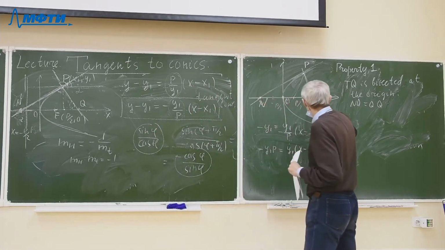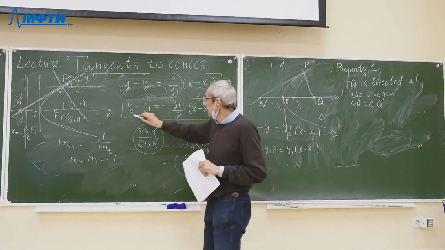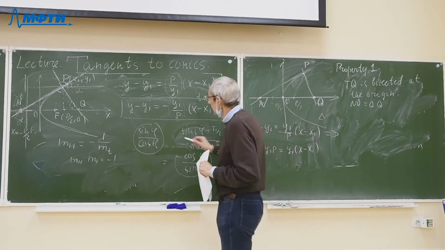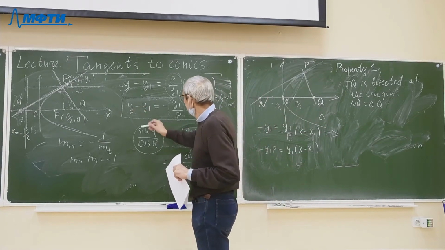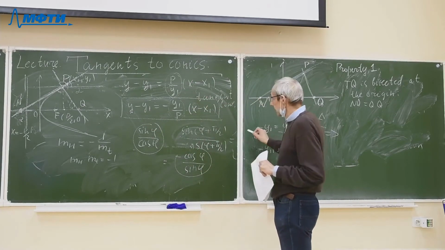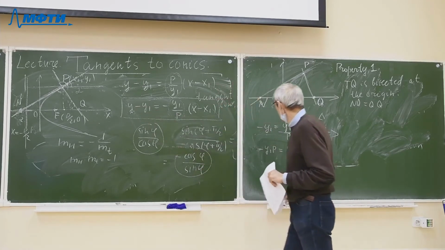The intersection point has the second coordinate y equal to 0, and in this equation, I put the value 0 for this coordinate.